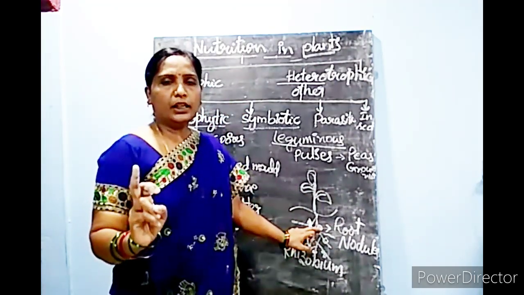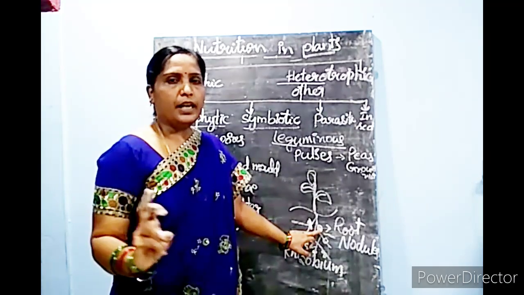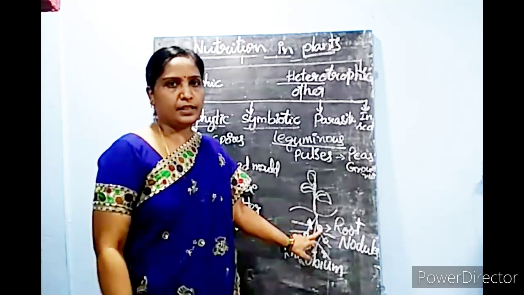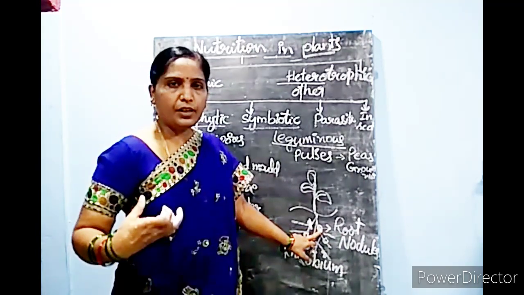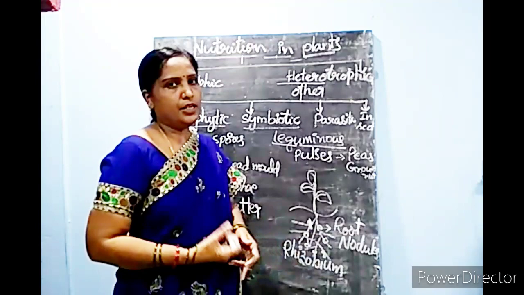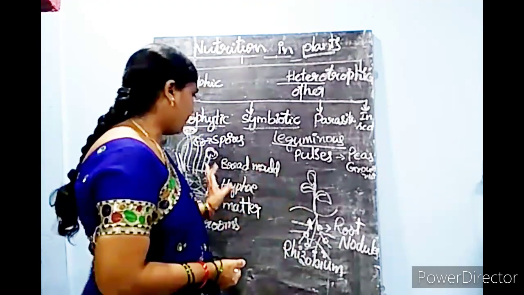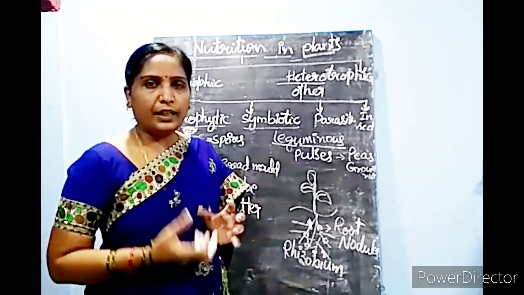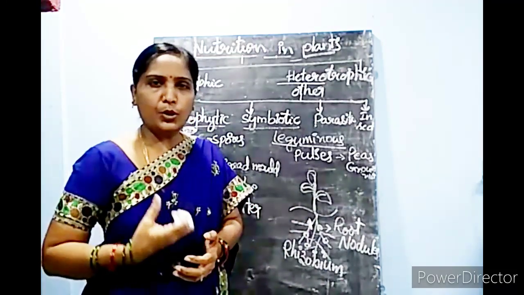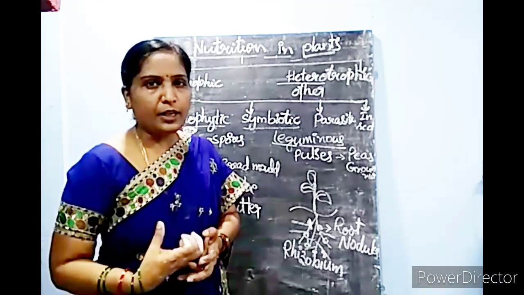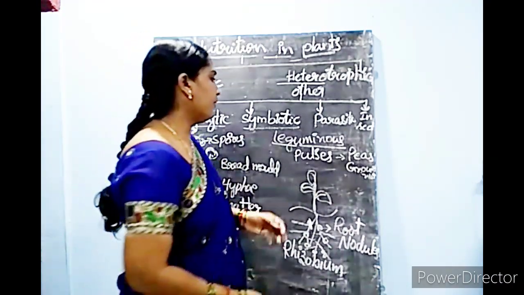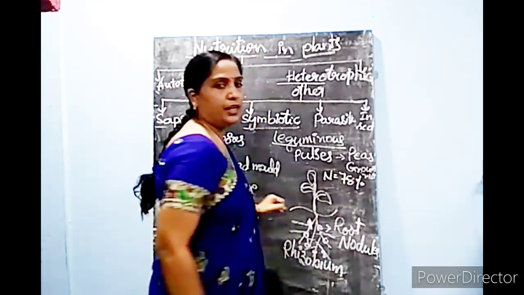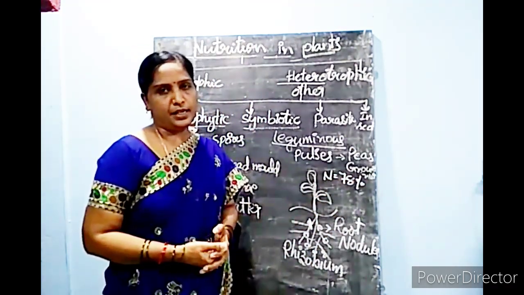Generally, you know the different elements present in air. Air is a mixture of gases, right? What are the different gases present in air? Like carbon dioxide, oxygen, nitrogen, and you know their percentages very well. So in the atmosphere, how much percent of nitrogen is present? 78% of nitrogen is present in air.